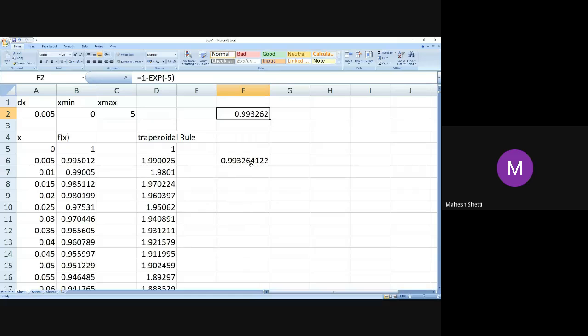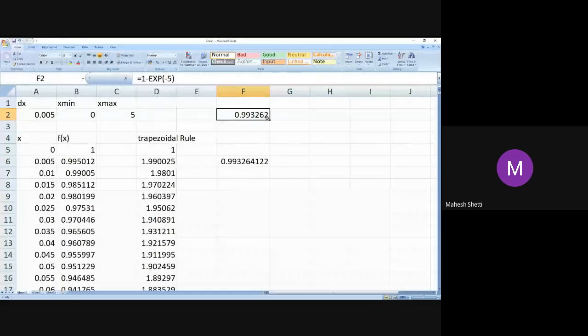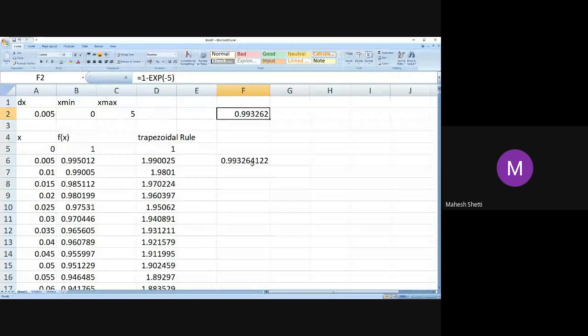The error here is in the 6th decimal place. 99326 remains the same. My calculation gives 0.993264, and the analytical way, if you had solved, you would have got 0.993262. So you see these values are matching quite nicely because I was taking nicely behaving functions anyway.